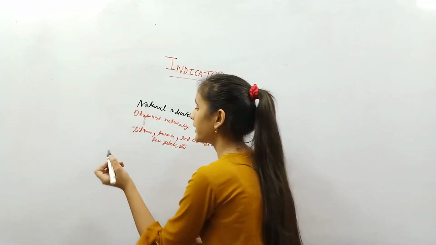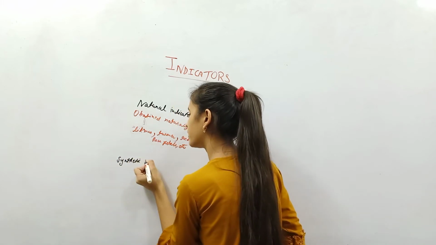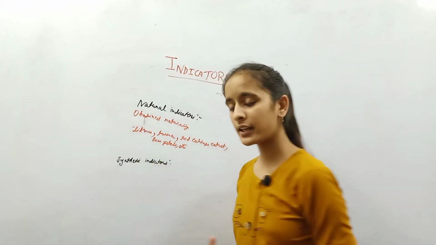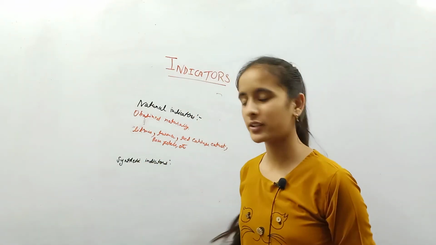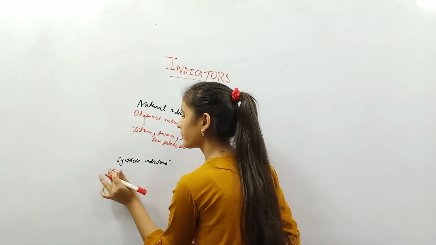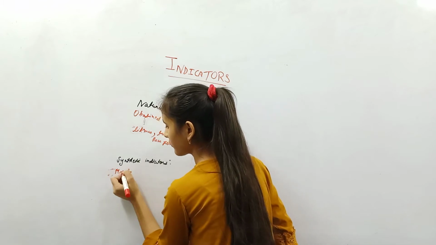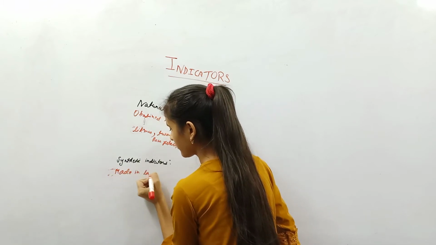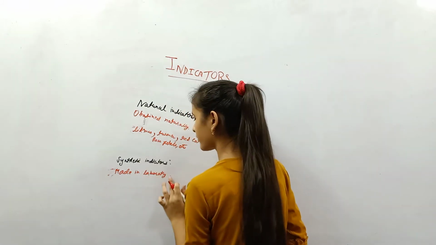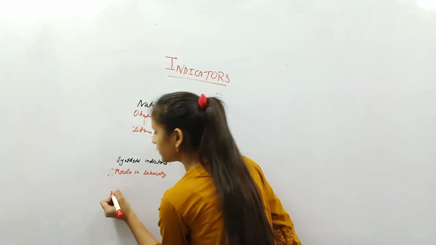And then synthetic indicators are made in a laboratory or by chemicals. We can take examples like methyl orange and phenolphthalein.